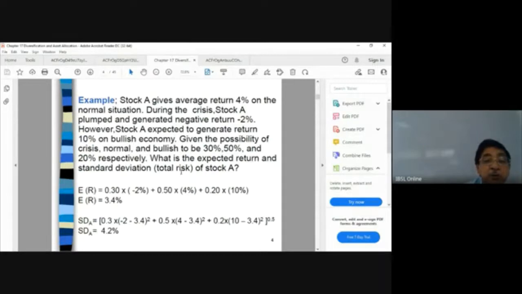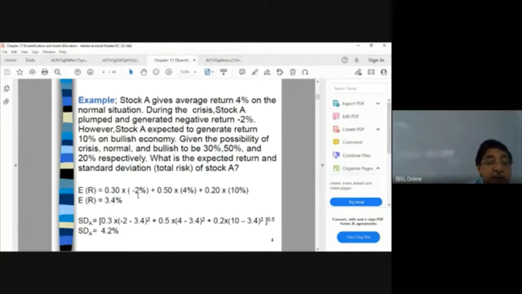Now we need to calculate the total risk of stock A, or the standard deviation. That has to be calculated in this manner, because we have already calculated the expected return, and that return we have to deduct from each return.